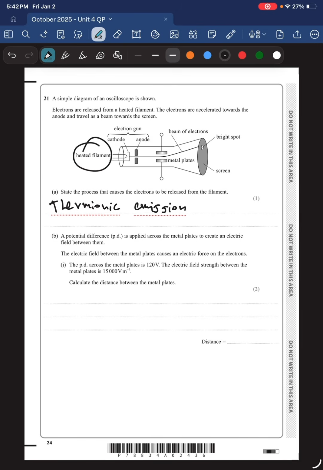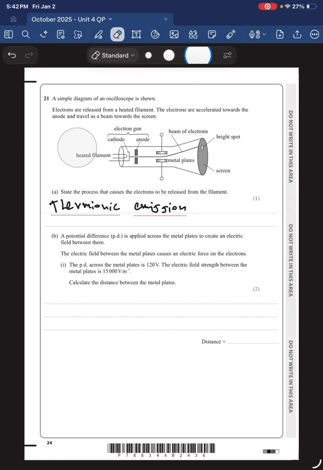Part B. A potential difference is applied across the metal plates to create an electric field between them. The electric field between the metal plates causes an electric force on the electrons. The potential difference across the metal plates is 120 volts. The electric field strength between the metal plates is 15,000 volts per meter.